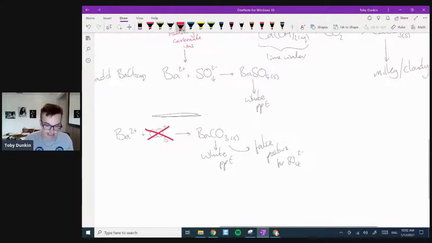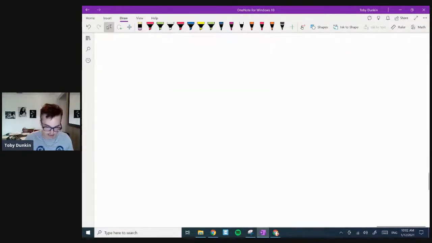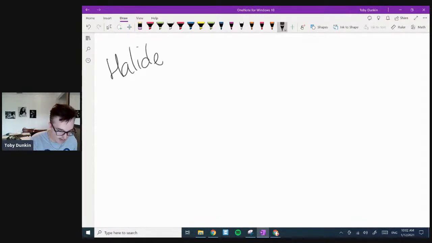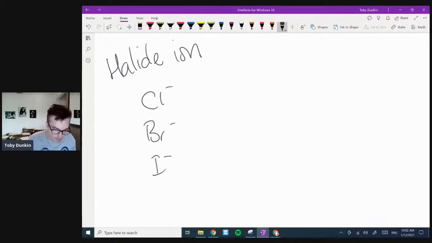This was exactly the same in the halide ions. When we did the halide ion test, we were testing for Cl-, Br-, and I-. And what we were doing is adding silver nitrate.